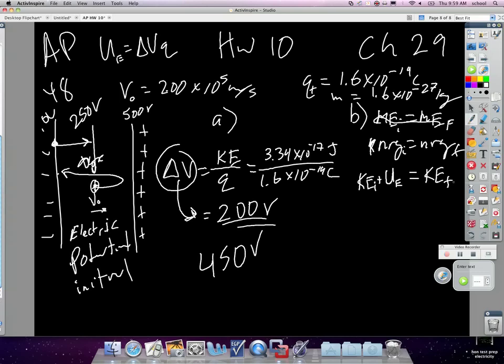Right? And the electrical energy is going to be the 450 times the Q. Does that make sense? I can do this, 1/2 mv squared, but then this is going to be 200 volts times Q plus, and that equals 1/2 mv final.